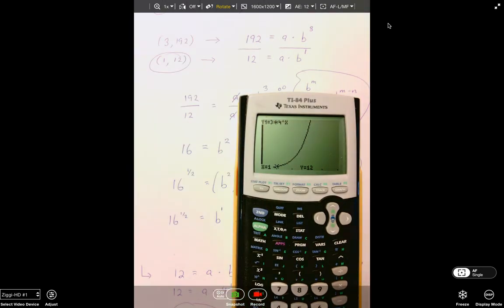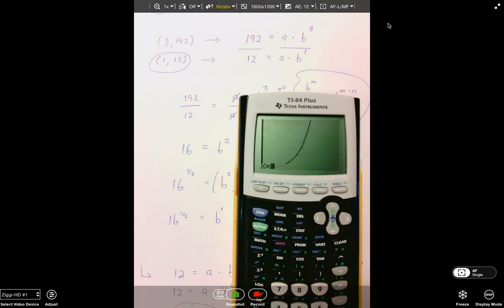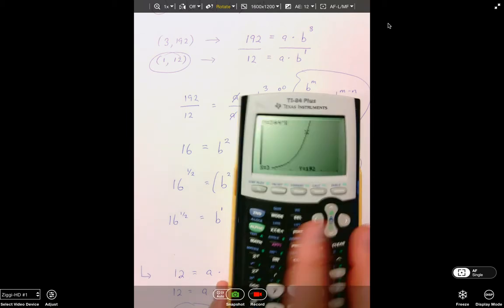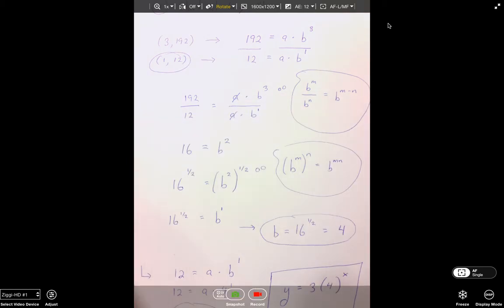And I did. And when x is 3, I better get 192. So guys, I'm fully invested that I have the function that actually fits what I need.